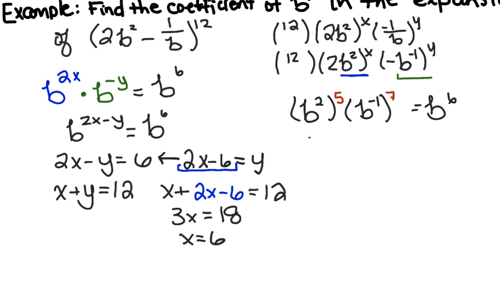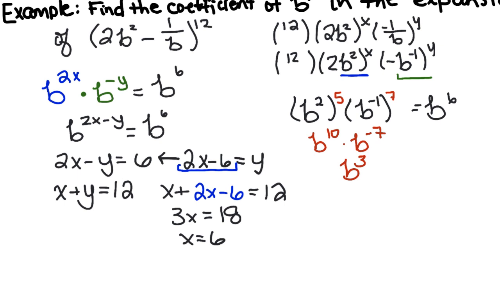And then I can say, well, this is b to the 10th, b to the negative 7. That gives me b to the 3rd. That didn't work. And then you can keep trying something. So you can always just guess and check, or you can use a system of equations, but you have to know your properties of exponents. If you don't know the properties of exponents, this is not going to be a good time.